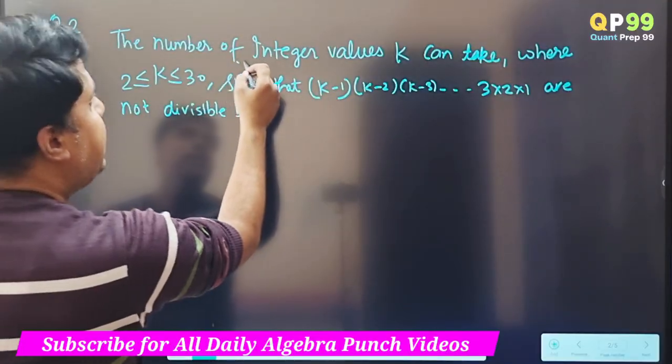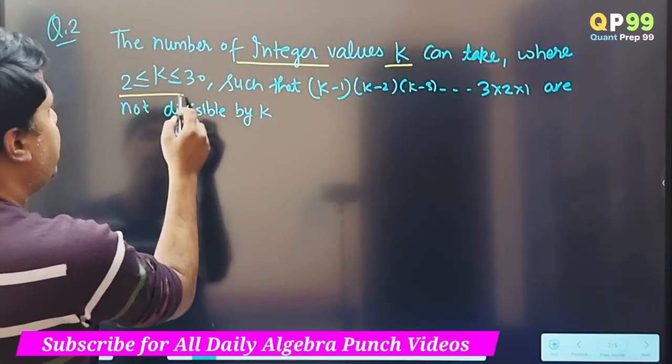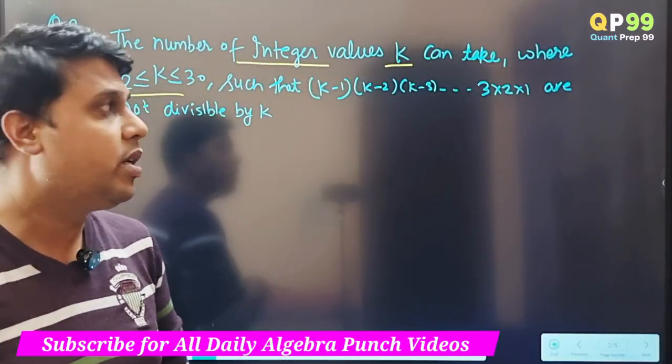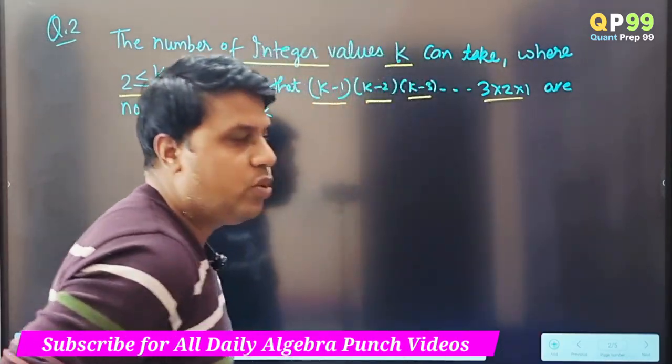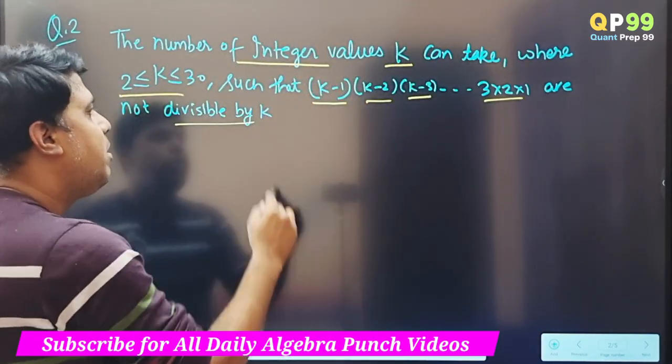Now moving to the next question. The number of integer solutions K, where the range of K is given to us as 2 to 30, such that K minus 1, K minus 2, K minus 3 up to 3 into 2 into 1 are not divisible by K, right?